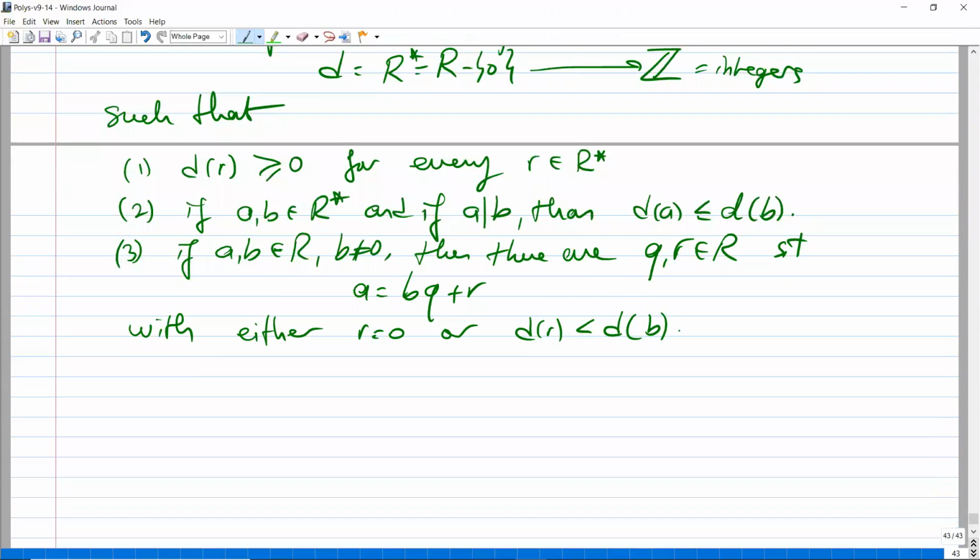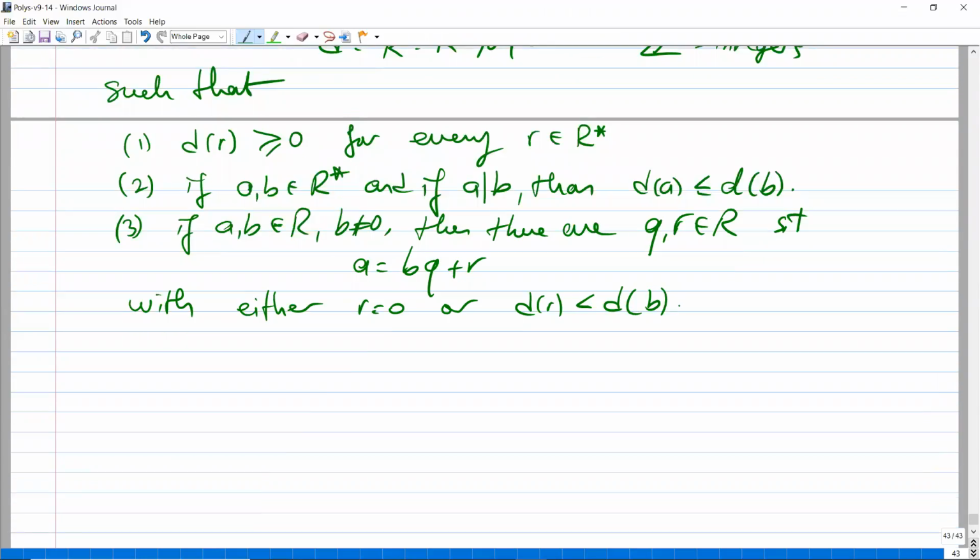Okay. So the most basic example is, as always, integers. Example.